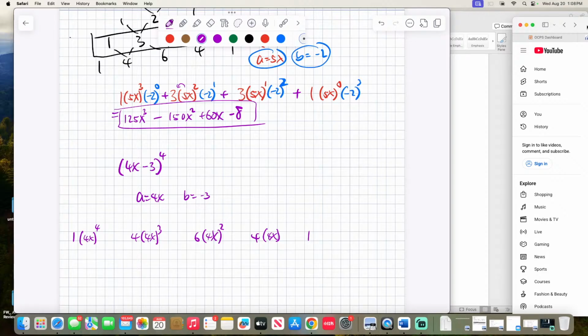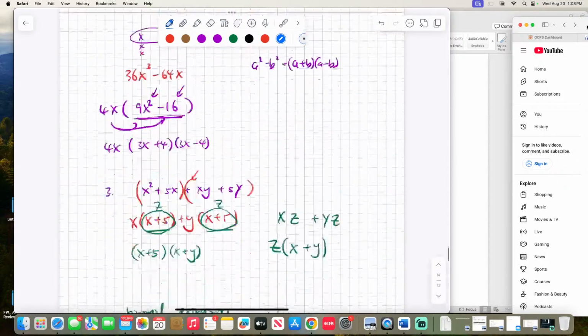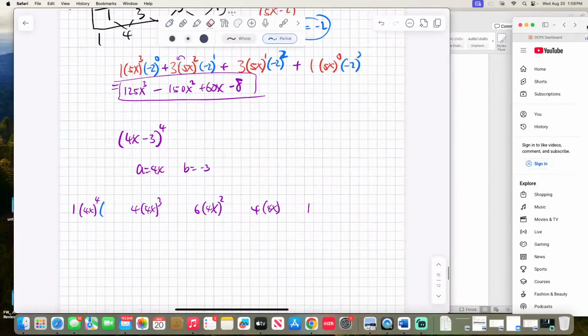And the 0 power I'm not gonna write anymore because 0 power is 1. Is that okay? So I'm gonna start with -3 to the 0, which is 1. -3 to the first, -3 to the second, -3 to the third, and -3 to the fourth. Is that okay?